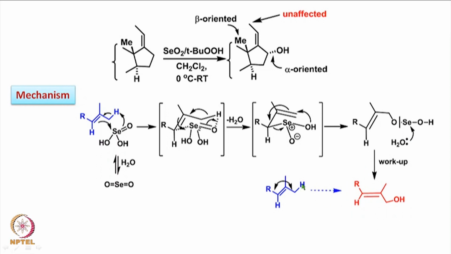This indicates that this particular substrate has undergone allylic oxidation, retaining the geometry of the double bond. As you can see, this R group and the CH3 group are trans to each other, and that is what is also reflected here. This R group and this CH3 group, which has undergone oxidation, are trans to each other. So this is an example of how the reaction occurs.